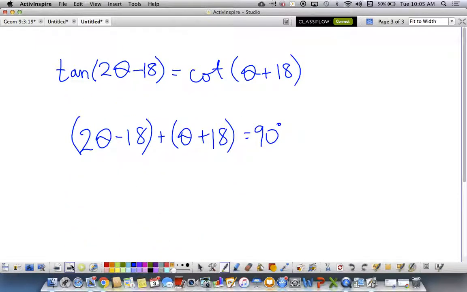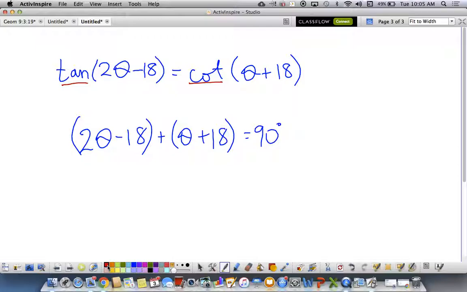Okay. So the first thing you need to know is tangent and cotangent are related how? They're co-functions, and all co-function angles have to be complementary. Once you find theta, you're done. All I want is a theta. You don't plug it back in. You could, but you don't have to.